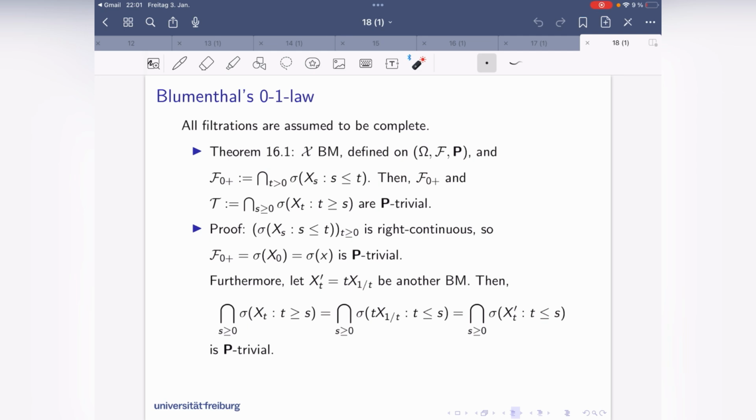And a similar thing holds true if the xt, so they're not independent, but they are Brownian motion.